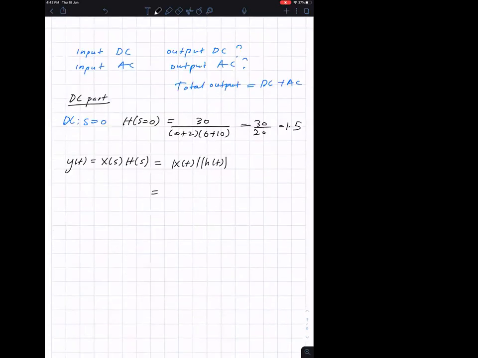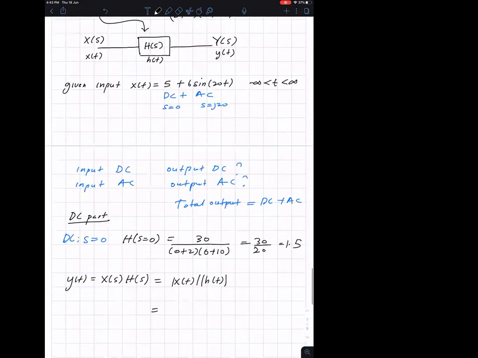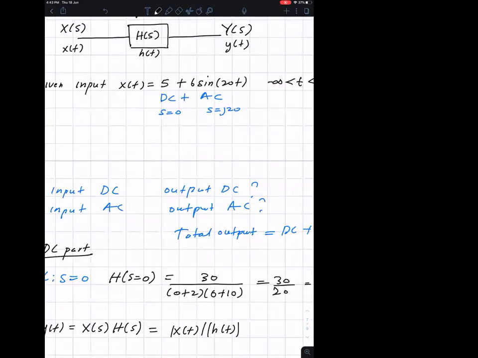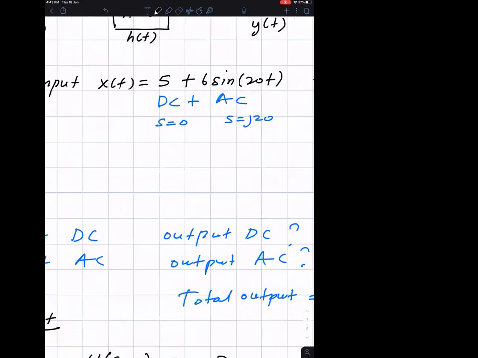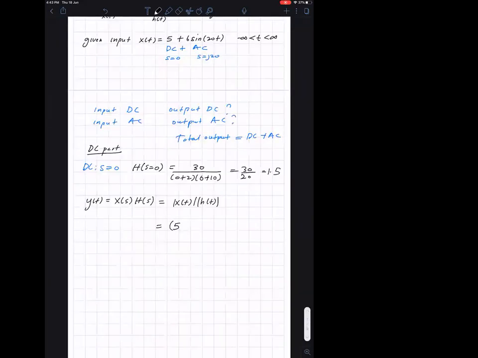Okay, the input, as you know, is 5. Input is 5. Output is, you just calculated that to be 1.5, which gives 7.5.